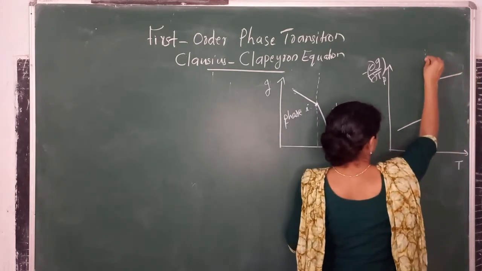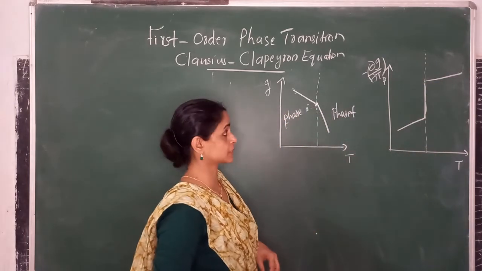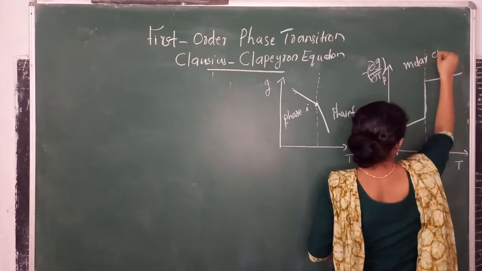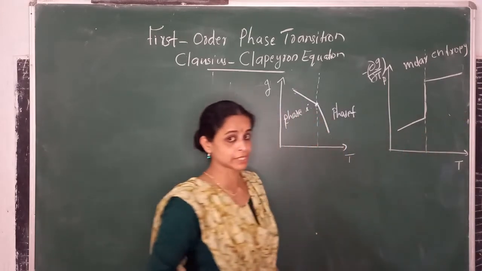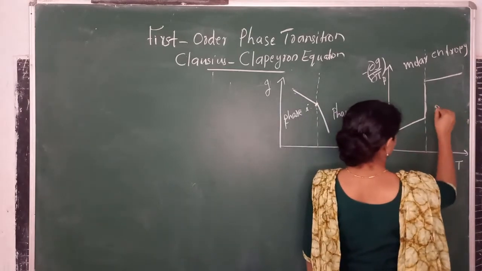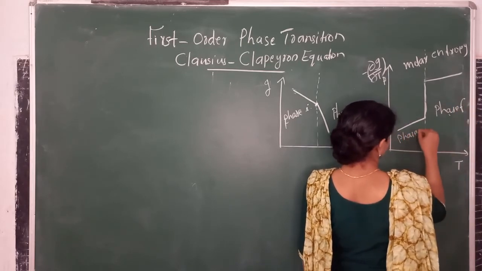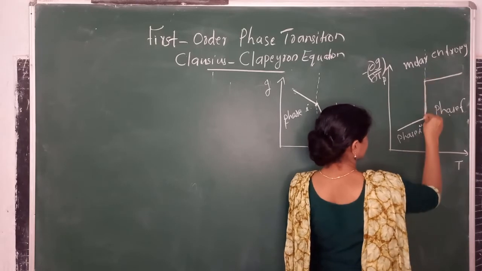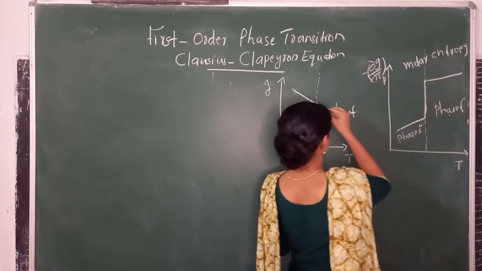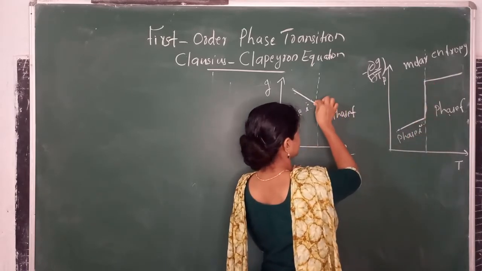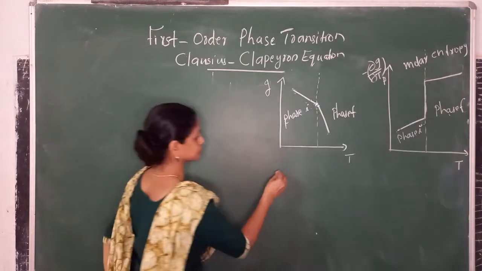This is the molar entropy, phase F and phase I. There is a sharp change at this point: up to this point there is one slope, and from this point there is another slope. So this will change discontinuously.